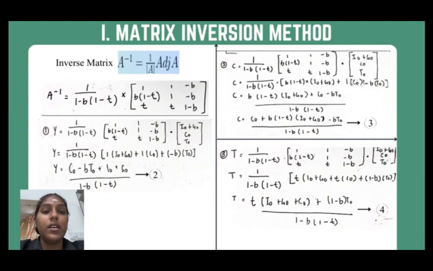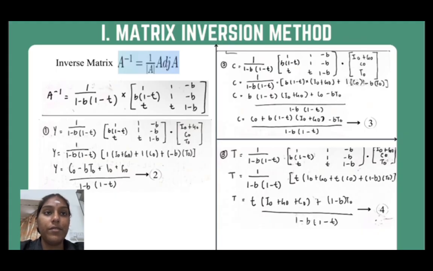and you divide it by the determinant. Then we solve for T, which will take the third row of the matrix. So first we take the determinant of A, you multiply with T, then times I sub 0 plus G sub 0, plus T sub 0 with C sub 0, and then you plus 1 minus B times T sub 0.